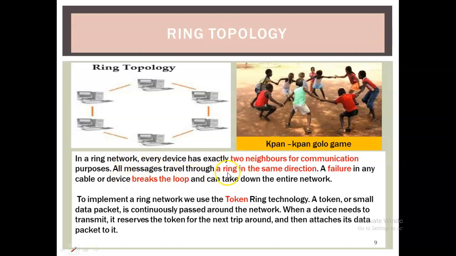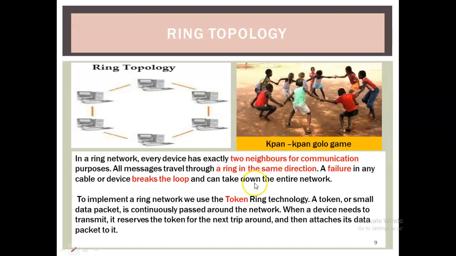Using this to explain ring topology, we can see that in this game, an individual is connected to two other neighbors. Also, in ring topology, every device has exactly two neighbors for communication purposes. The message sent through this network topology is in the same direction.